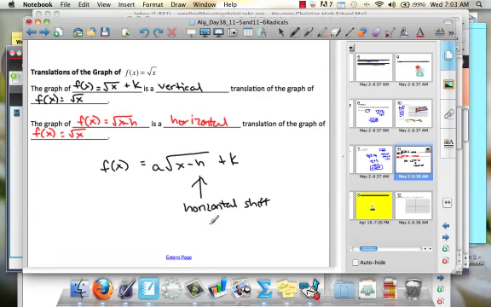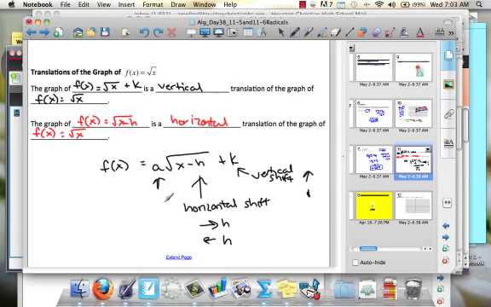If it's minus h, it's going to move to the right, and if it's plus, it's going to move to the left, because h is which way we're moving. And the plus k is the vertical shift, up or down.